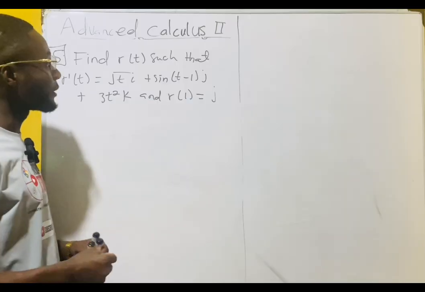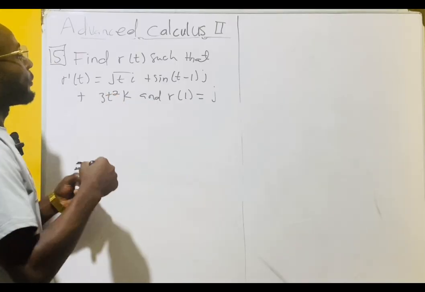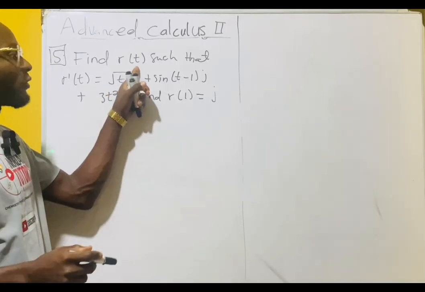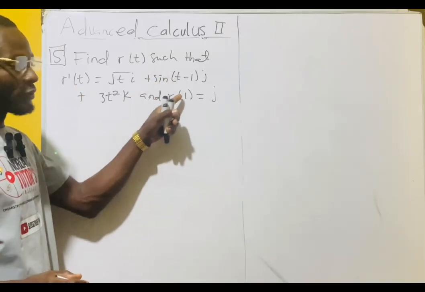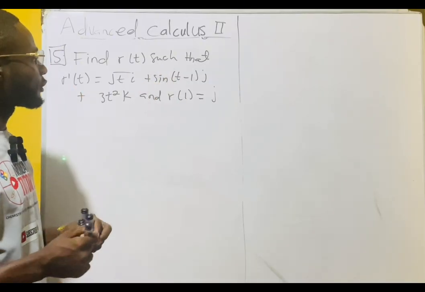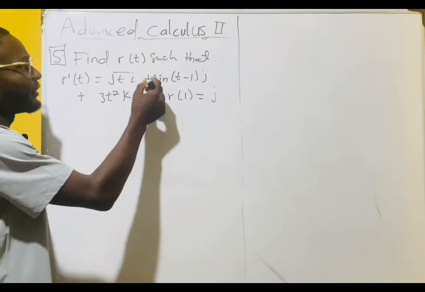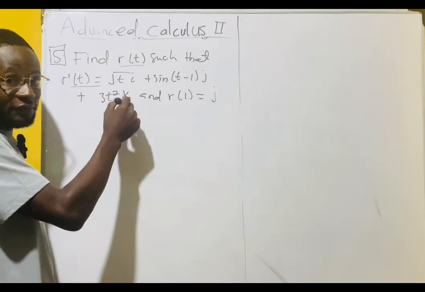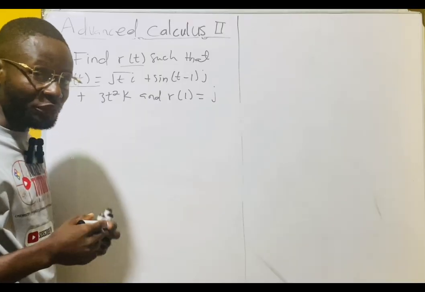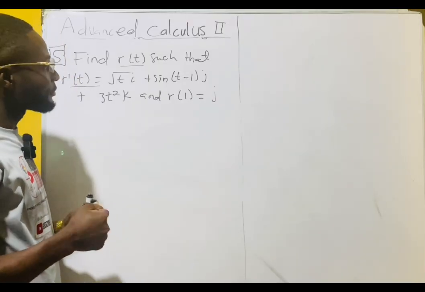Okay, so with question number 5, we want to find r of t, right? It said that r prime of t is equal to this vector, right? So if you want to find r of t given the derivative of r of t, then it means that we have to integrate, right?